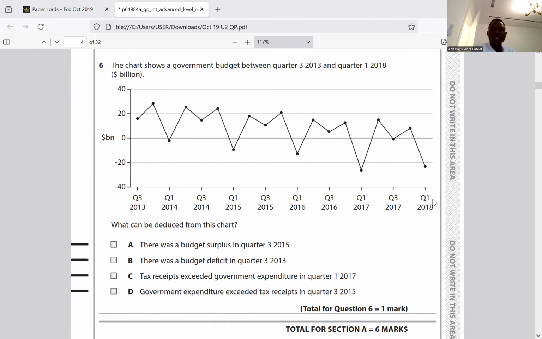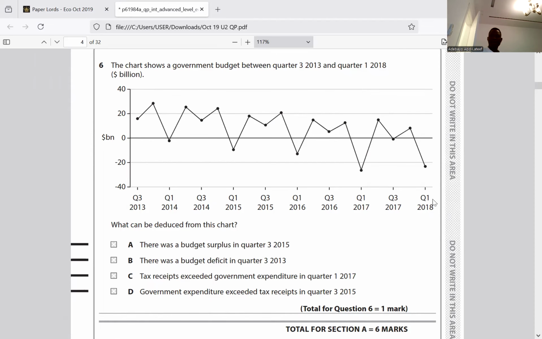What can we deduce from this chart? In the chart, the zero line represents a balanced budget. What's a balanced budget? A balanced budget is where government spending is equal to tax revenue. What's a surplus budget? No, that's a deficit, when government spending is greater than tax revenue. A surplus is when tax revenue is greater than government spending.